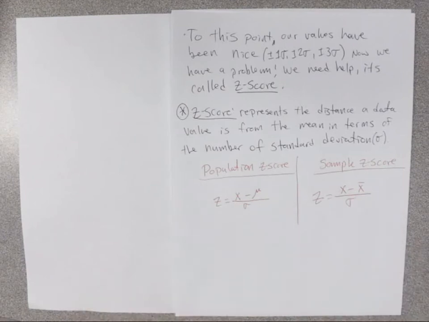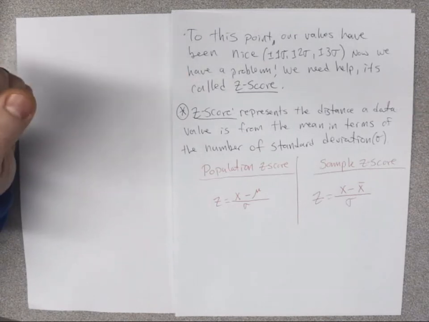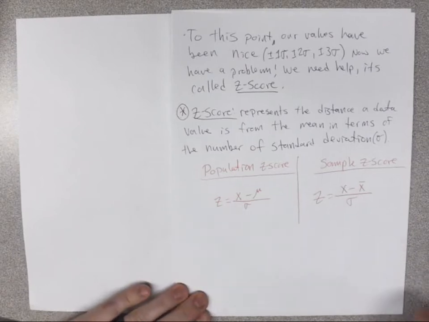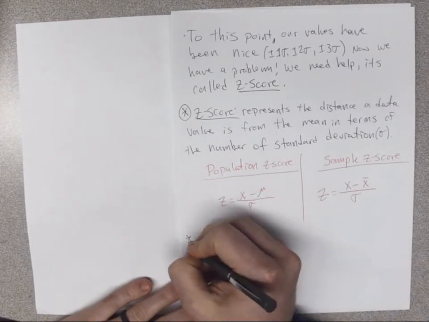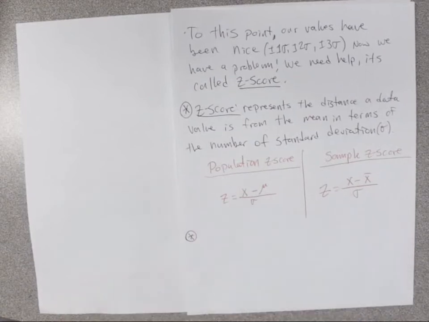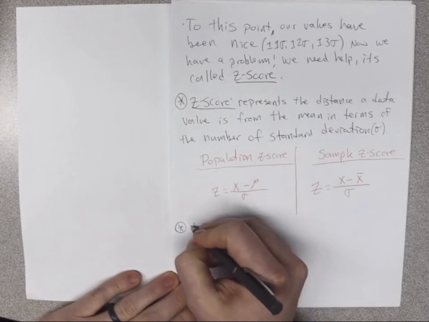All right, and what this represents is how far you are away from the mean. So let's write this. This will help, and I'm going to show a graph here in a second. The z-score, what it does, it allows us to determine the proportion of values less than z. And we have to use a special table to do that. So let's write that out, and it'll make a little more sense in a second.